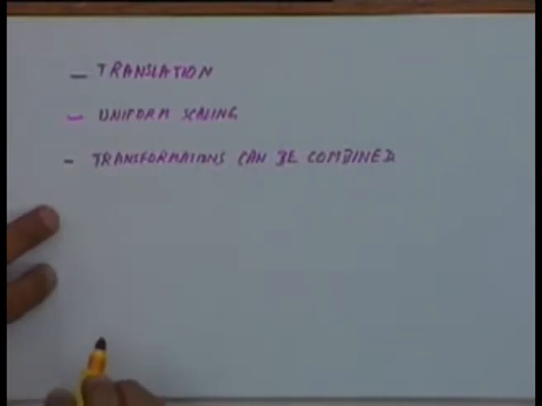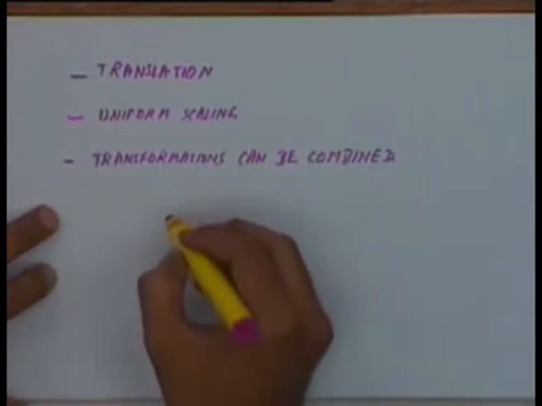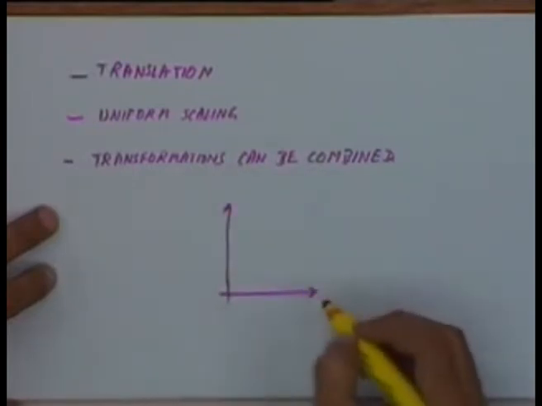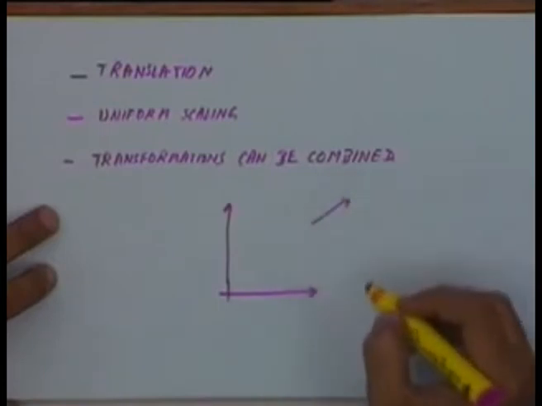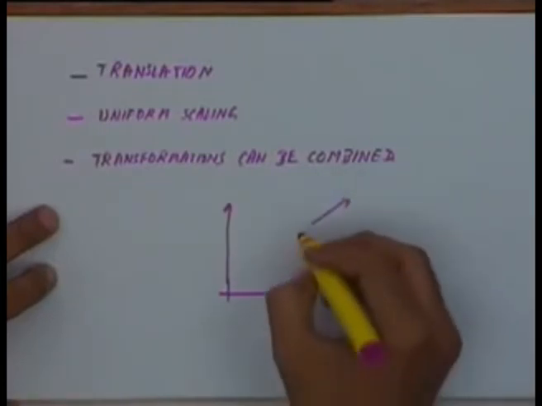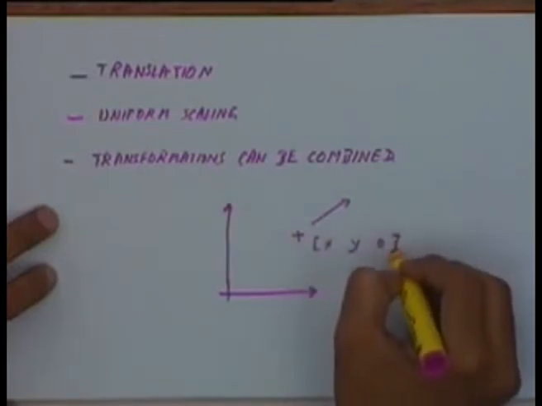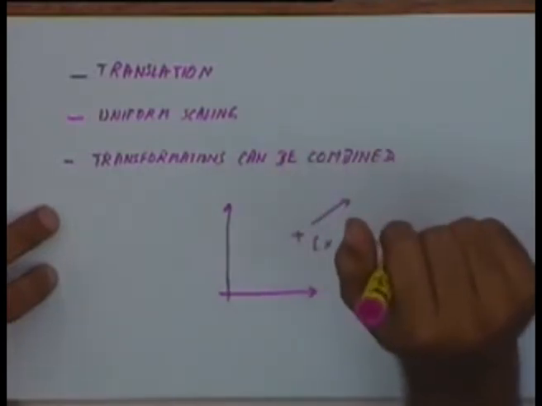One more advantage of using homogeneous coordinates is that if we want to represent a point at infinity, that's infinity in this direction, we can take any point xy, and x y 0 will be a point at infinity in that direction.